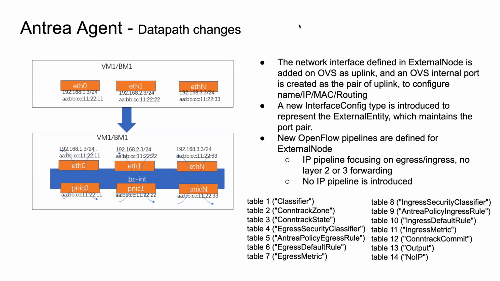Since we are supporting the flexible pipeline, when one agent is running on a VM or bare metal server, the pipeline is only introduced for the external cases. So we don't have the case of OVS pipelines for container and external existing on the same agent.